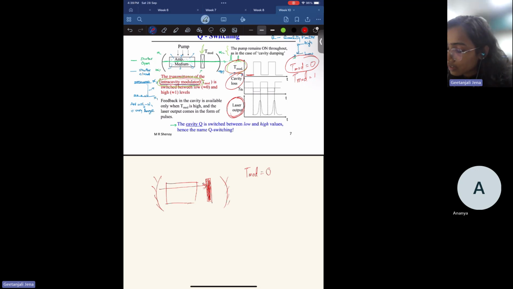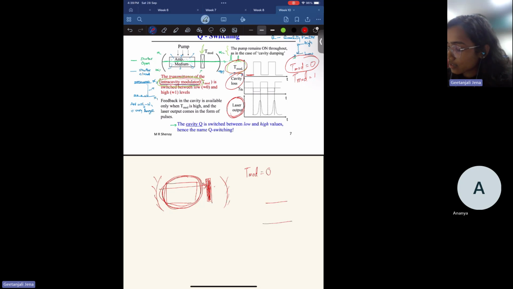So the light is concentrated in this region only. And because the light is not able to pass through, stimulated emission will not happen, because for stimulated emission, what do you need? You need an external light.